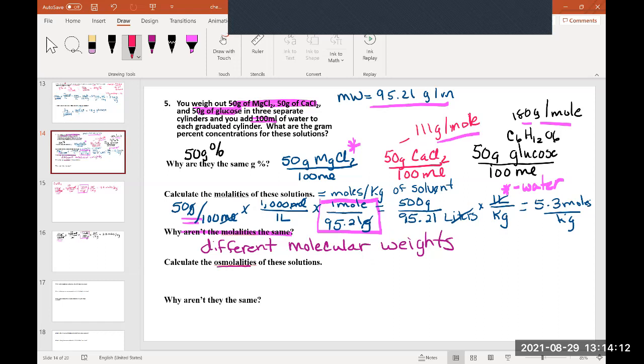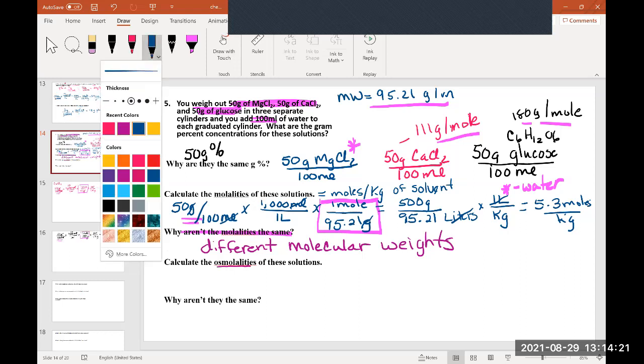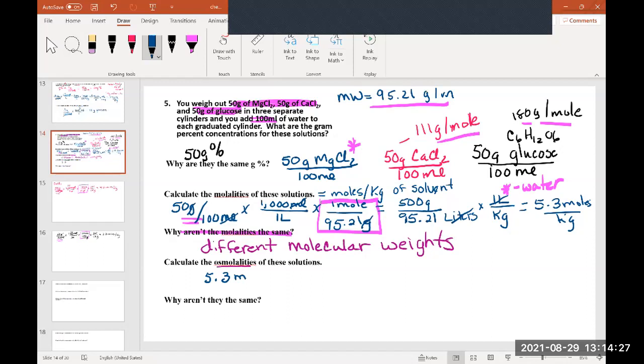Okay, so let's calculate the osmolality of magnesium chloride. What do we need to do? We have a molality that we already calculated, and now we need to convert this to osmolality. All we need to do is multiply by its dissociation factor.